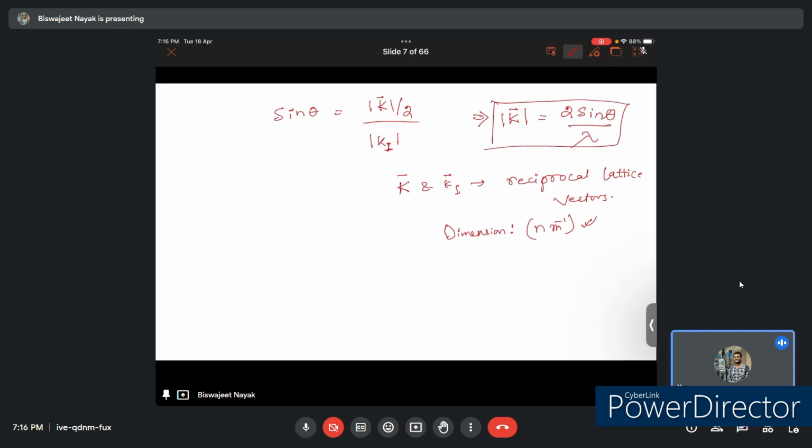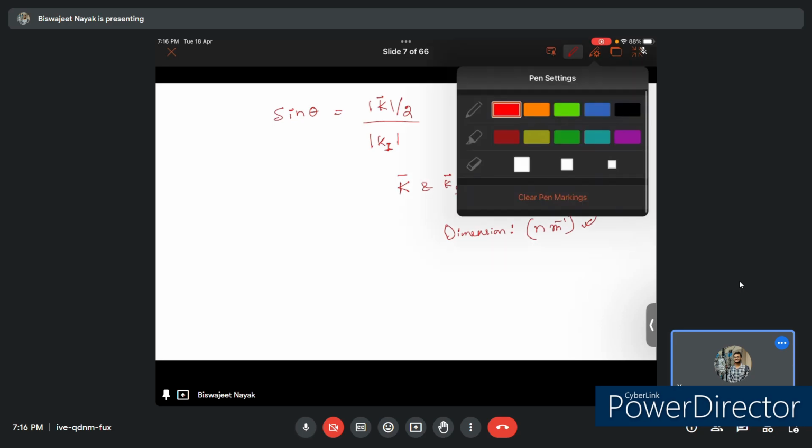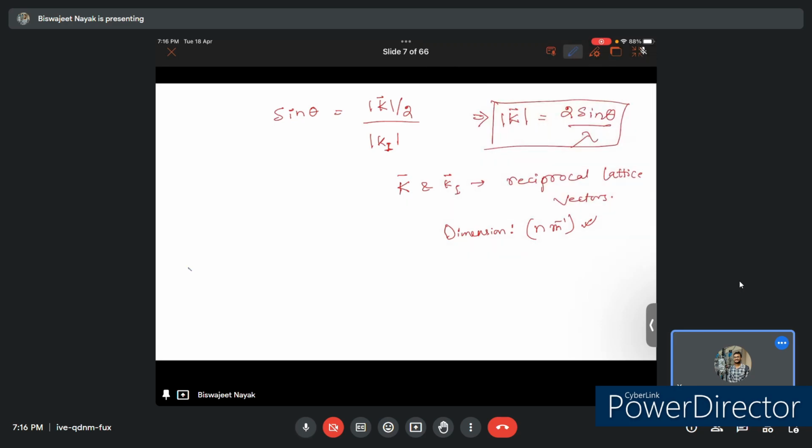So it is very important to remember theta by 2.